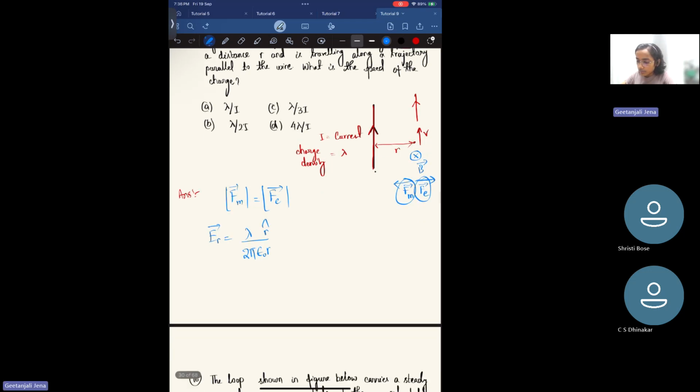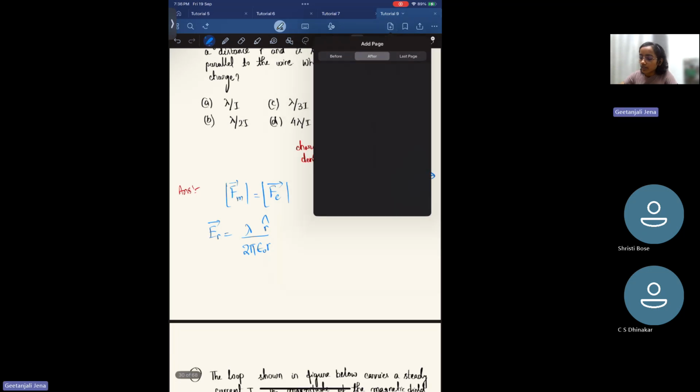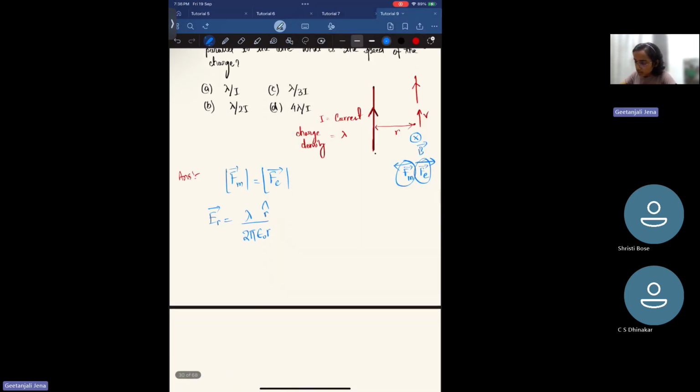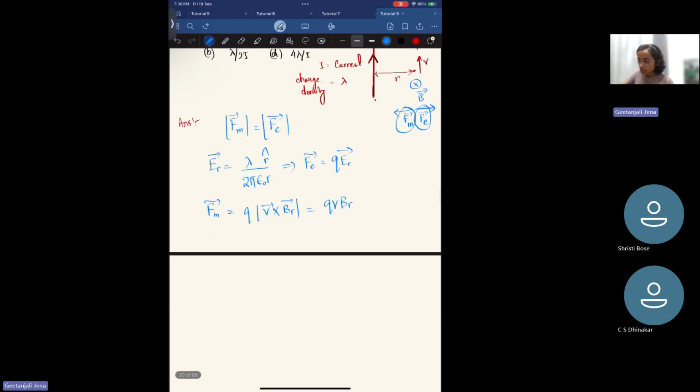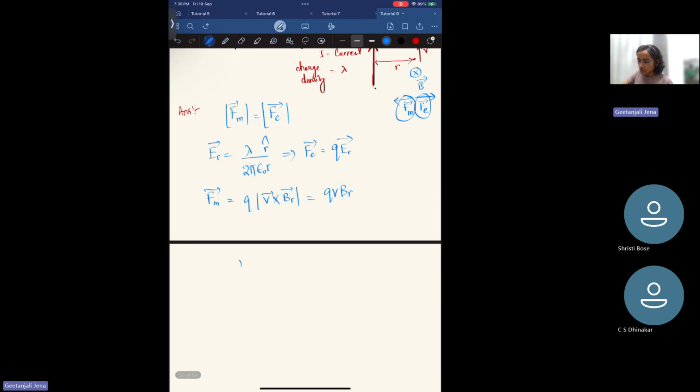The direction is r-hat. So the electric force is q E r-hat. The magnetic force is q v cross B, which is q v B r-hat. Let us equate it: q E r-hat is q v B r-hat.